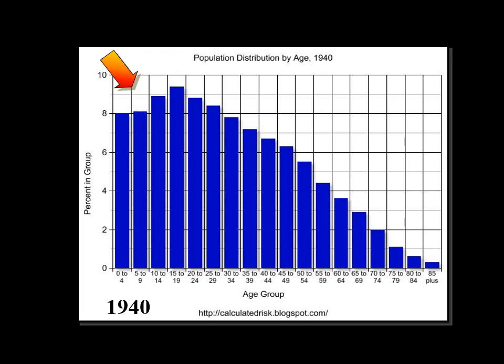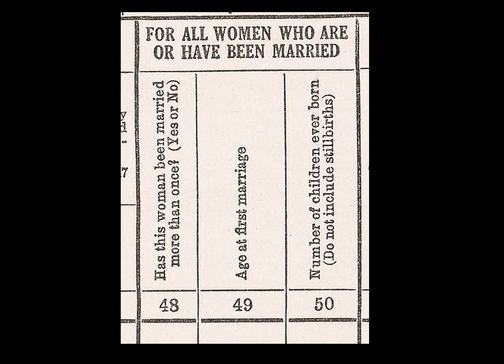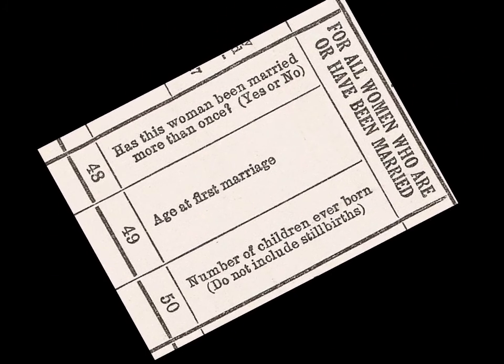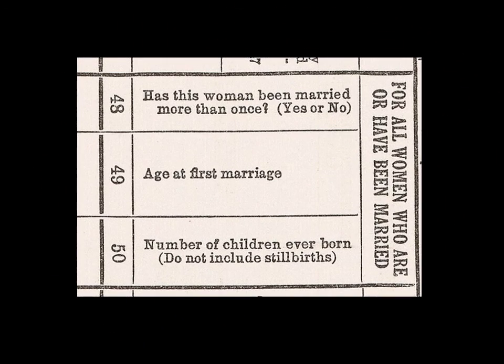So the demographers asked to have questions on women who are or have been married, questions about marriage, age at first marriage, and number of children. And there was a pushback from some people in the population. One person testified in Congress that instead of putting money into national defense, they should put money into building jails for women who refused to answer these questions. Luckily, we didn't.